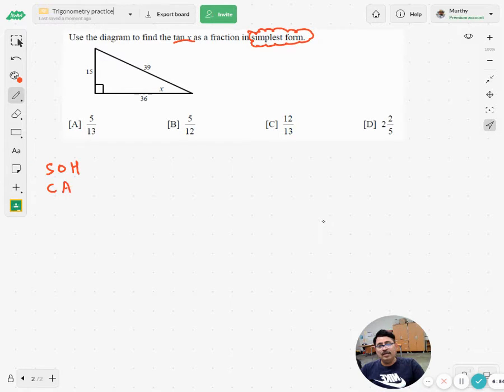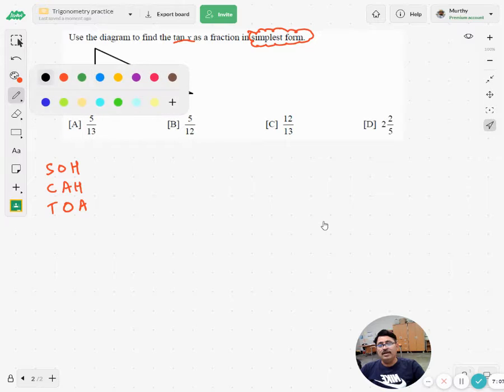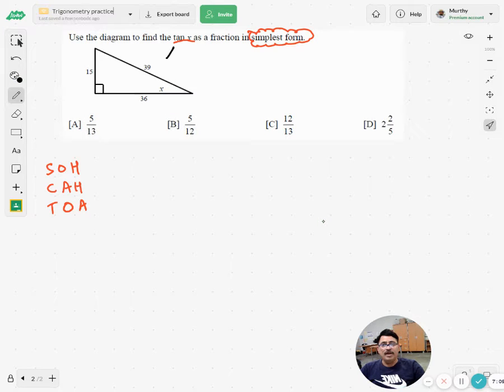That reminds me of all three trig ratios. Now this time I have to find tan. Therefore, tan is the last one, which is T equals O over A.